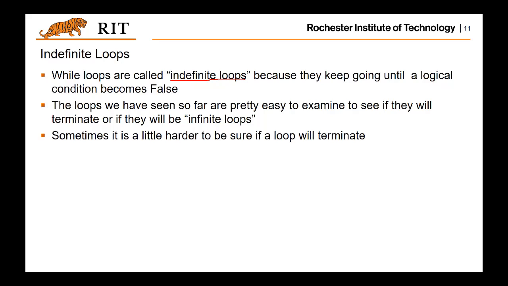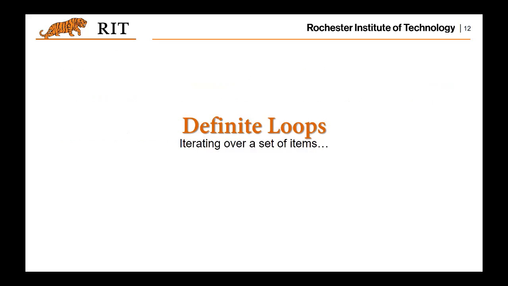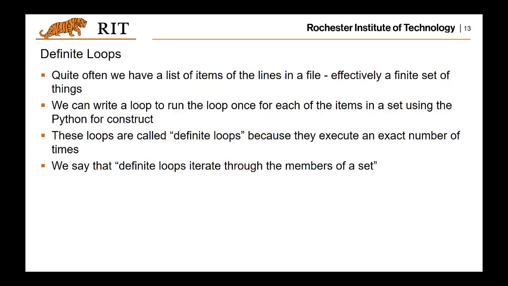That's the while loop. Also, we have another type of loop, which is the definite loop. Usually we use the keyword for. The for loop is a definite loop, and let's look at what it looks like. The for loop is quite commonly used to check a list of items.